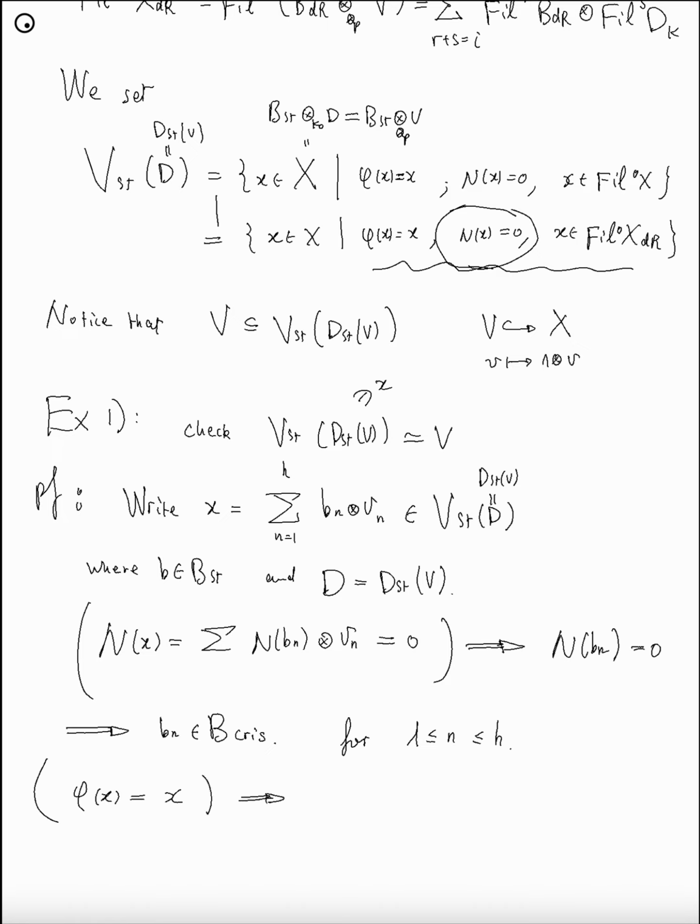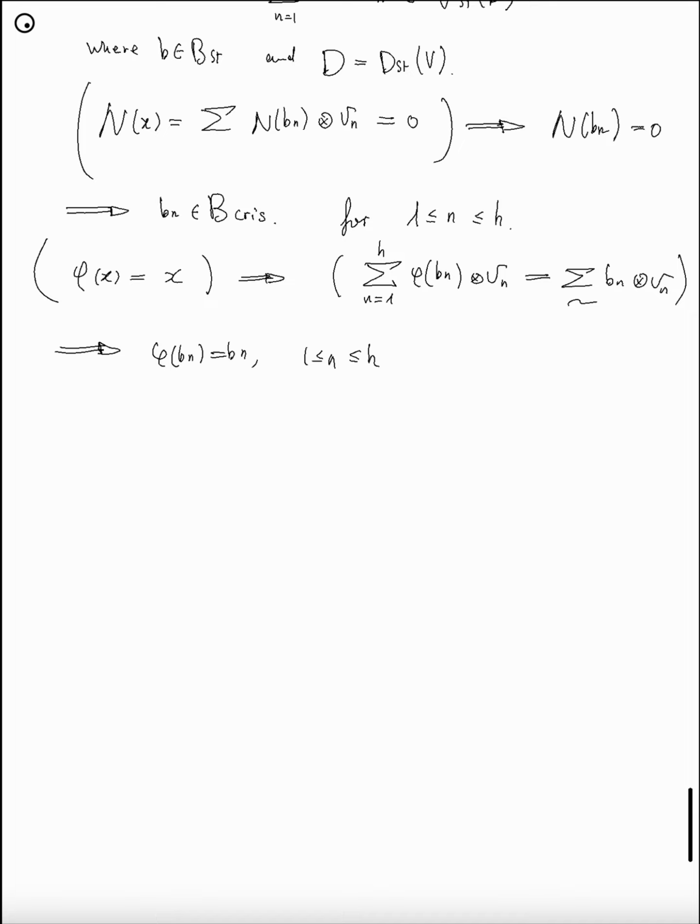So this implies, applying the formula from 1 to h, phi of b_n tensor v_n, because there is no Frobenius action on the Galois representation, equals b_n tensor v_n, and so again, for the same reason, phi b_n equals b_n for all n, and so b_n lies in the fixed points under Frobenius of B_cris.